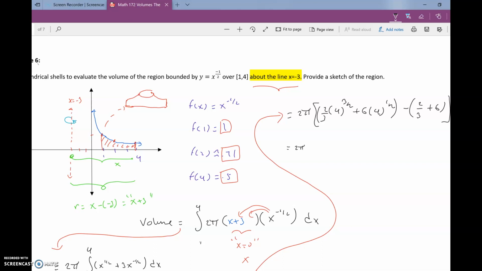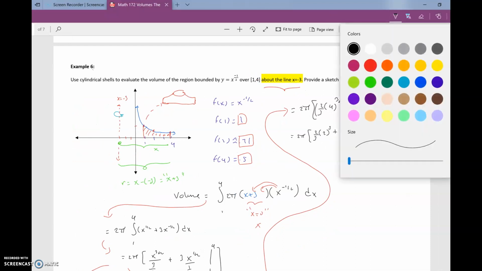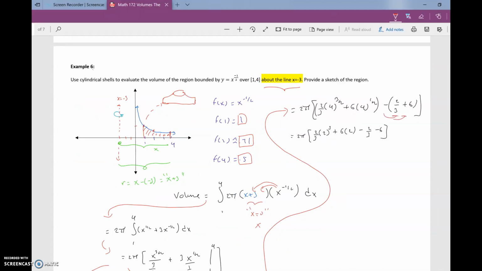Okay, so this will be 2 pi times 4 to the 1/2, which is technically 2, so this will be 2/3 and 2 to the 3rd plus 6 times 2, because square root of 4 is 2, and then minus the 2/3 minus the 6.